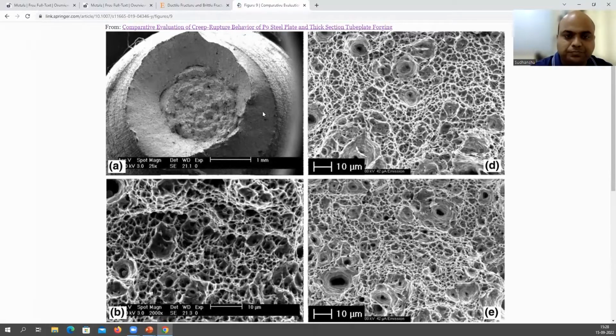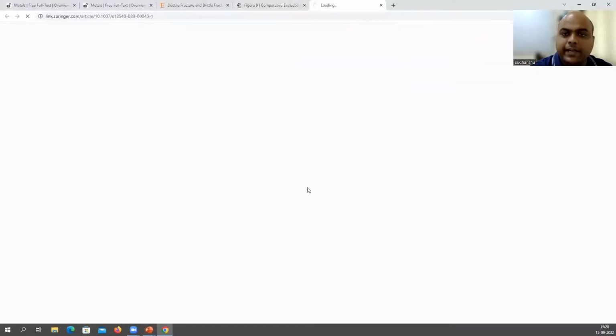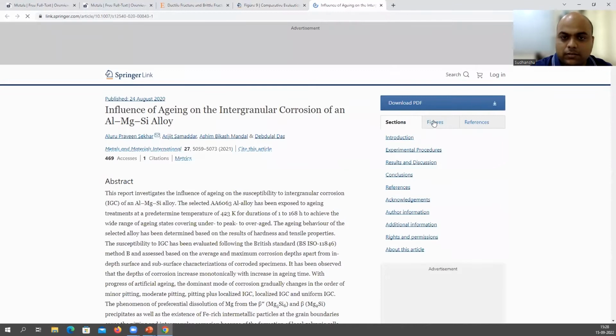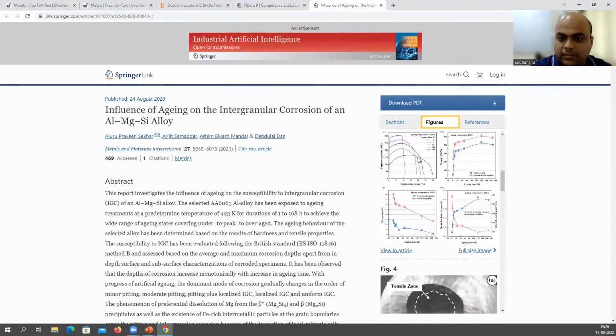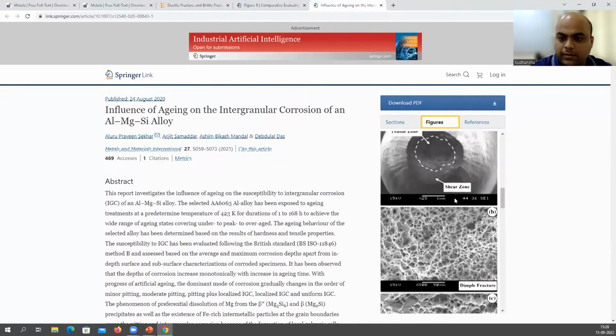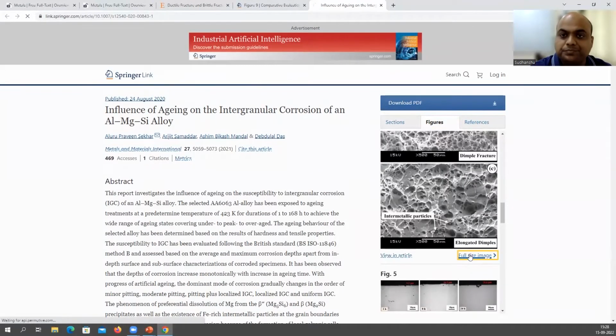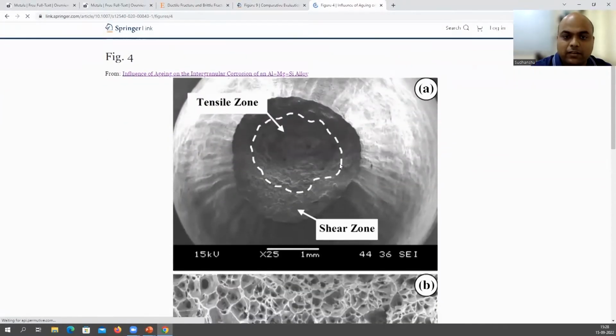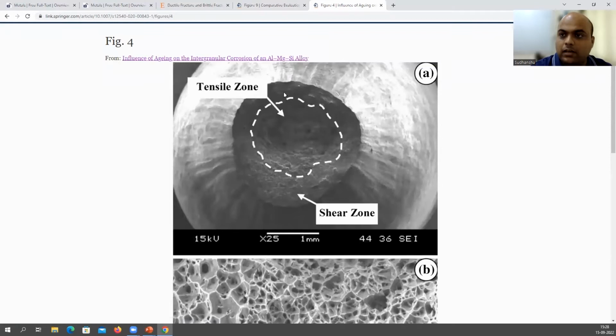Okay. Now the next is again cup and cone. So again, you see a cup here. You have the fibrous zone at the center, this part here, and then you have the shear zone or shear lip in cup and cone fracture.